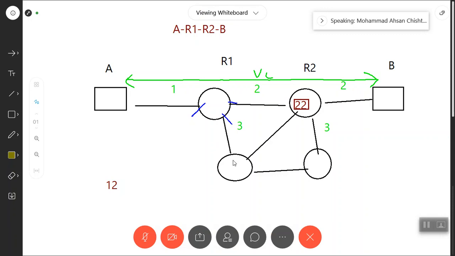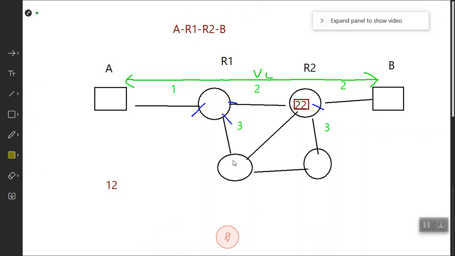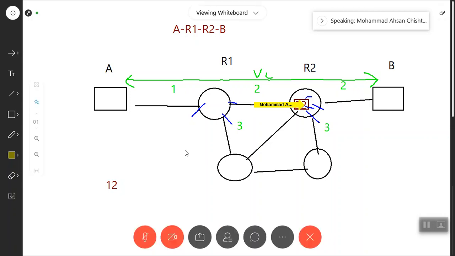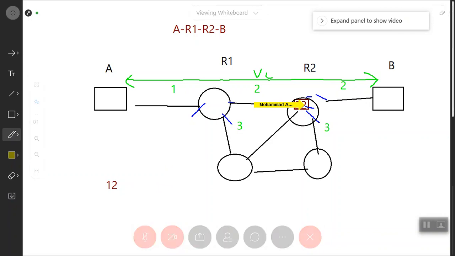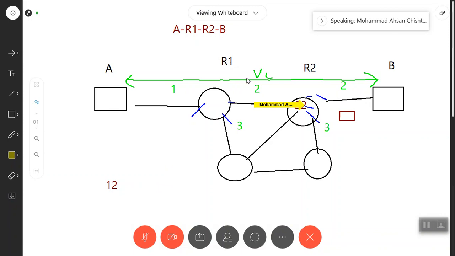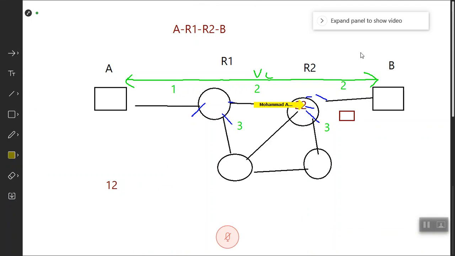At R2 again, it checks, okay, this is my number, fine. And I should change this number to a new number that would be again 2.